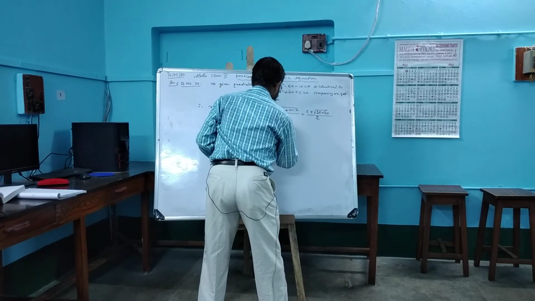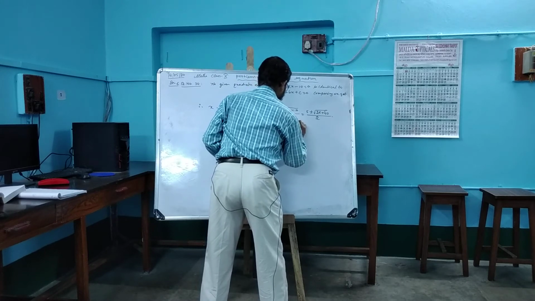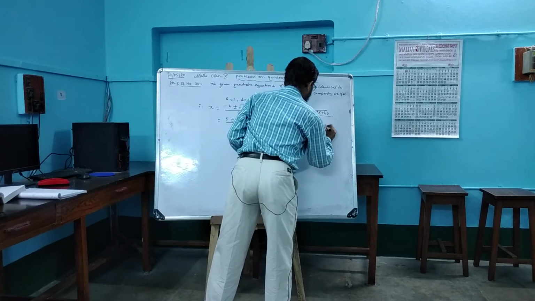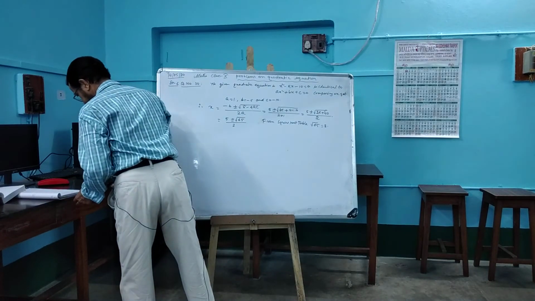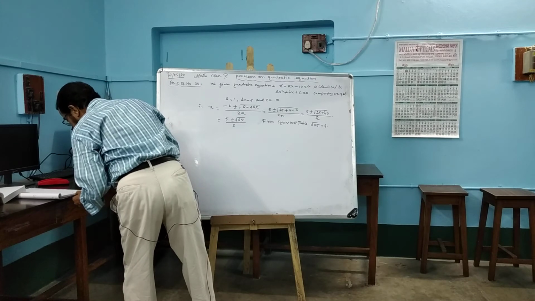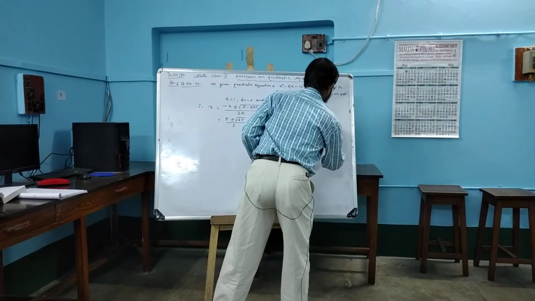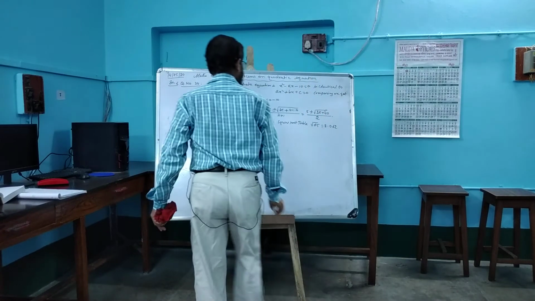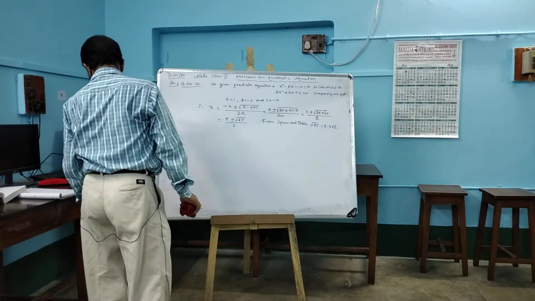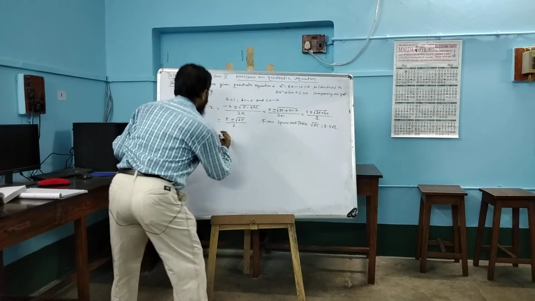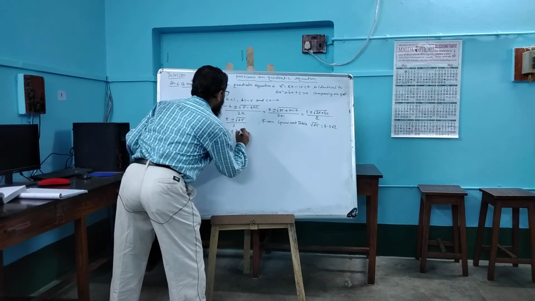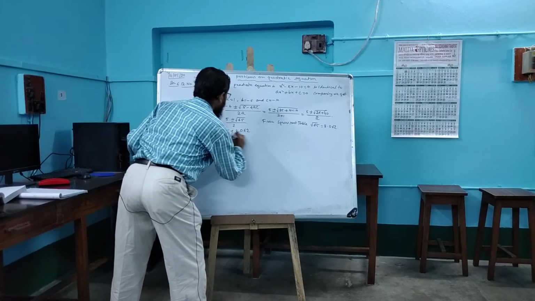From square root table, root over 65 equal to 8.062. Putting 5 plus 8.062 by 2.